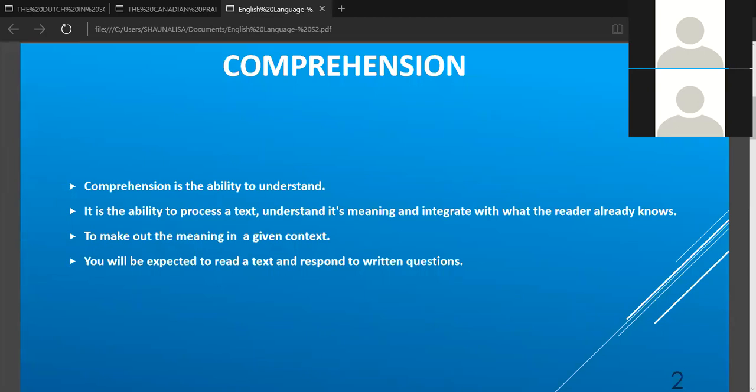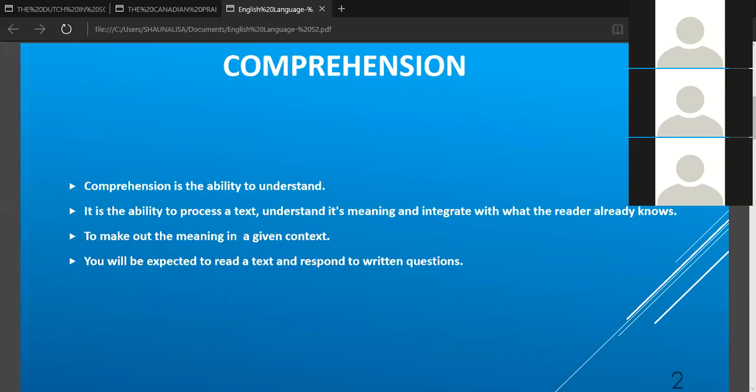So when we are handling comprehension, we don't just read to enjoy, we read to comprehend, to understand, to really put in context what the writer has written, what it is all about, and understand why, what, and the lessons we get from that particular kind of passage.